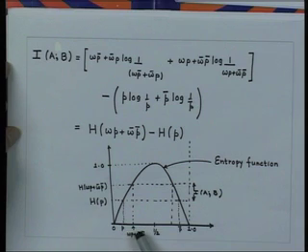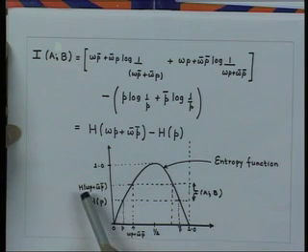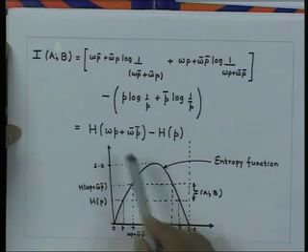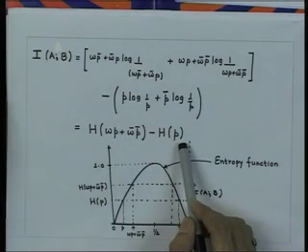So, the point indicated by wP plus w bar P bar is a linear interpolated point between P and P bar. Therefore, from this figure it implies that H of wP plus w bar P bar will always be greater than H(P). So, what it implies is that this quantity will always be non-negative.